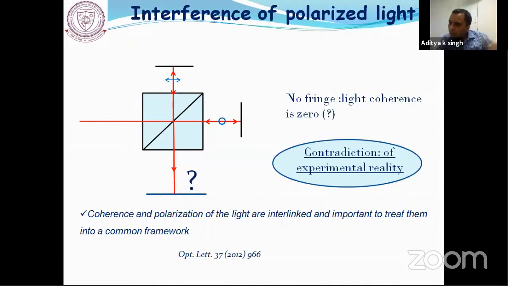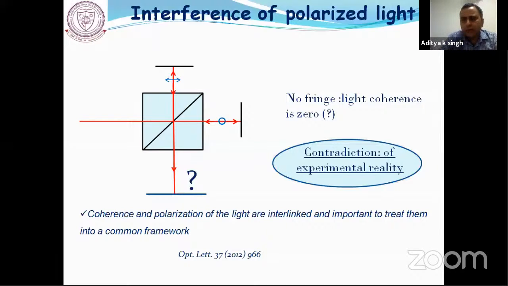The problem was that the information was missing in the intensity modulation, but certain information is encoded into the other Stokes parameters. If you are able to capture that information, we can observe the effect of the interference of two orthogonal polarization components.